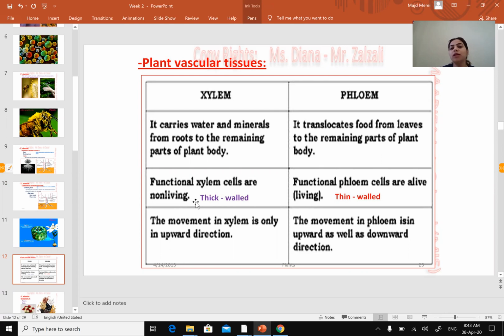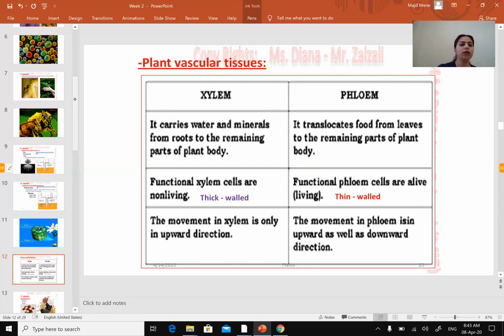While phloem translocates food, sucrose and amino acids, from leaves to the remaining parts of the plant body. The functional phloem cells are alive, they have thin walls. Now the last point: the movement in xylem is only in upward direction, while the movement in phloem is in upward as well as downward direction, so it is throughout the plant.